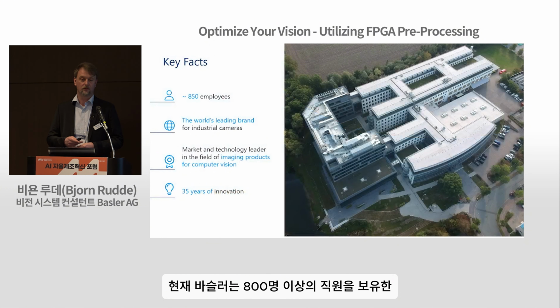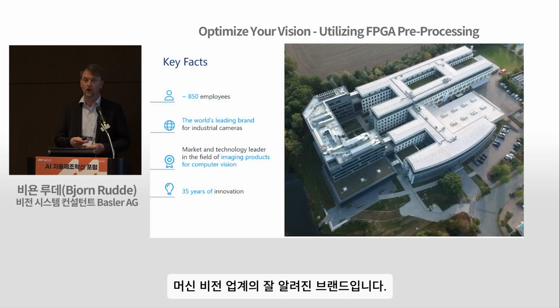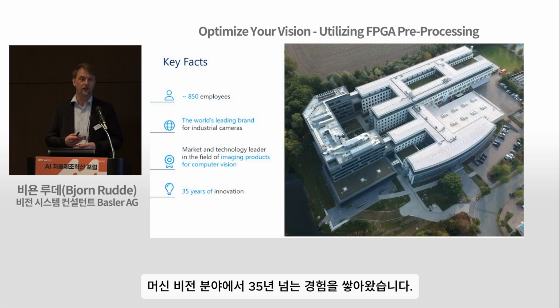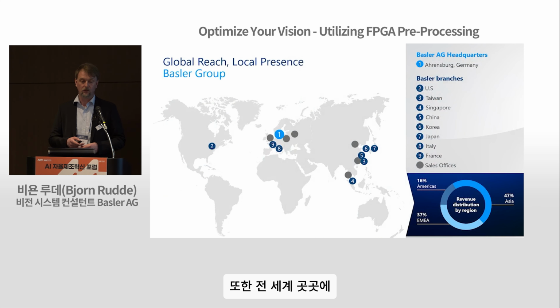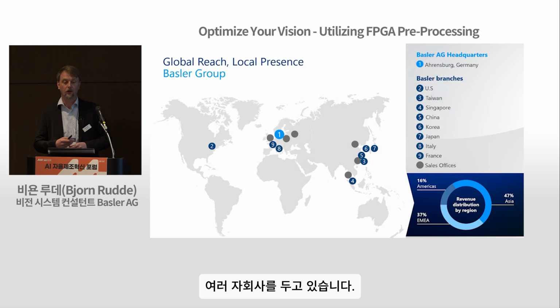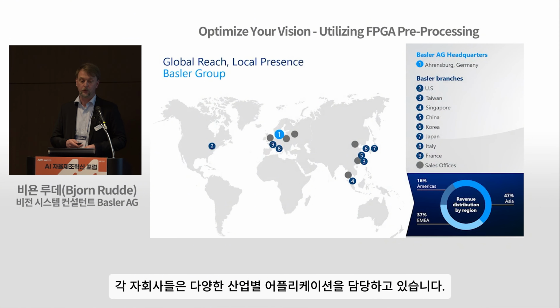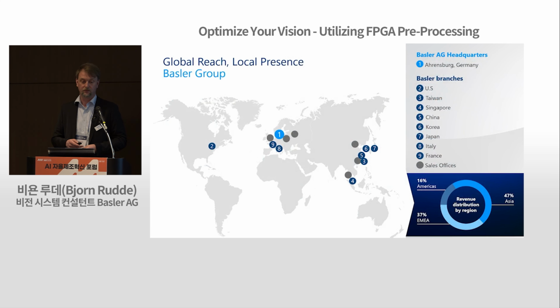And we have above 800 employees right now, and we are a well-known brand in machine vision. And we have 35 years of experience with machine vision itself. So when you look over the globe, you see that we have a lot of subsidiaries all over the world looking into all of different industrial applications.